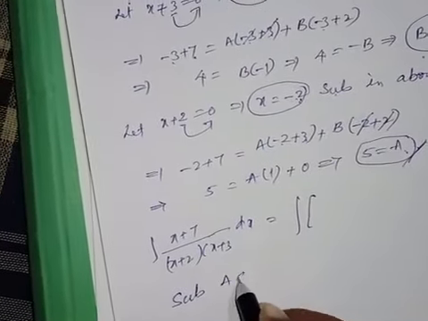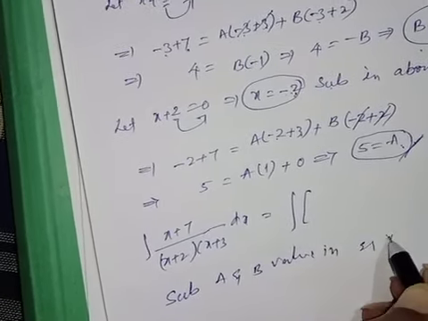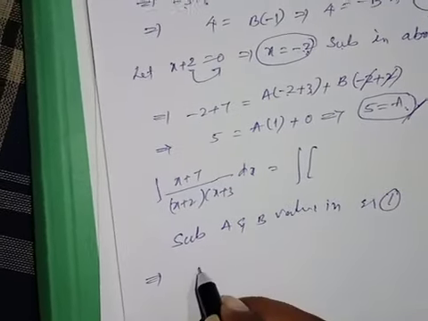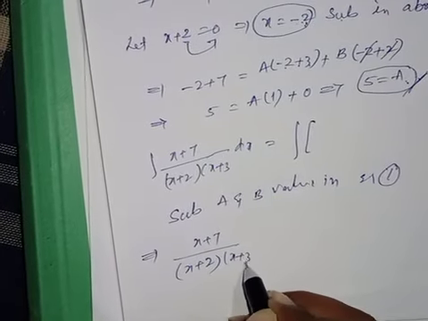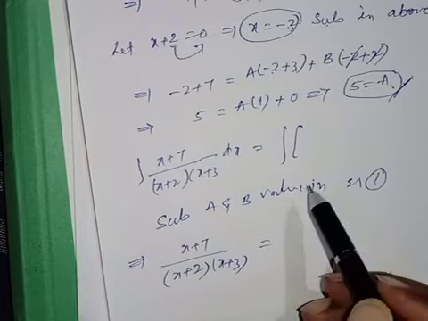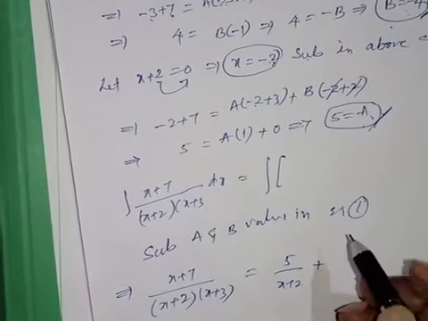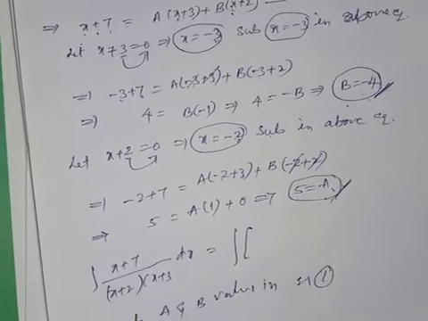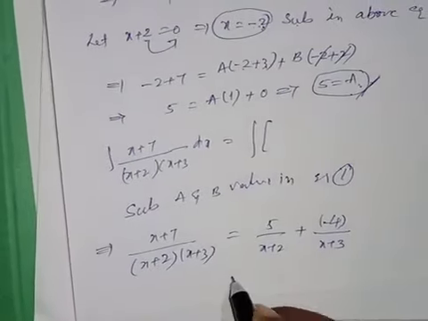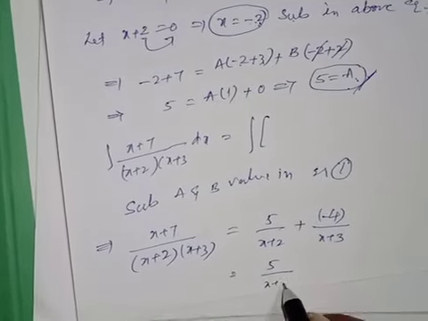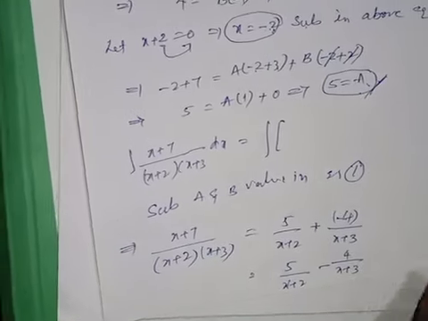Substitute A and B values in equation 1: (x + 7) upon (x + 2)(x + 3) is equal to the A value 5 by x + 2, plus the B value negative 4 upon x + 3. We can write this directly as 5 by x + 2 minus 4 by x + 3.